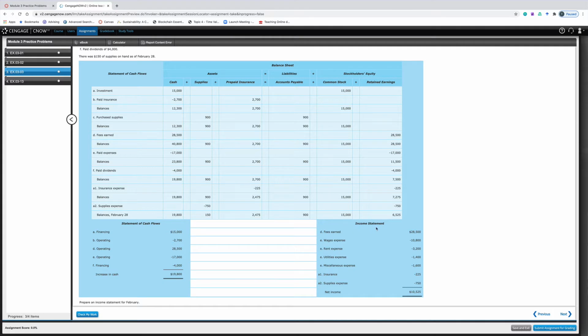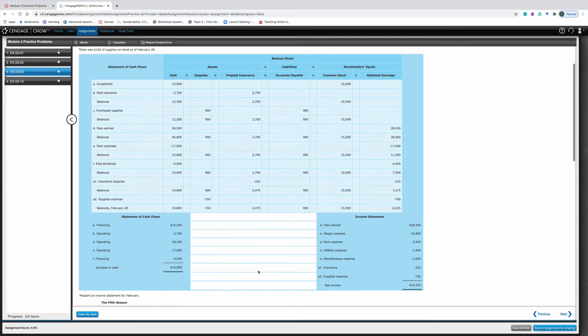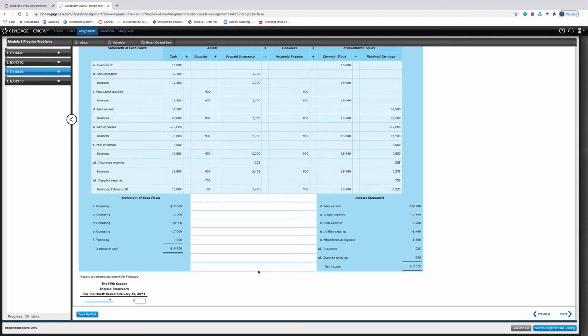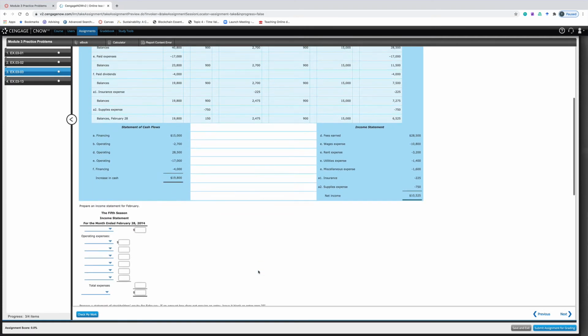All these items in the income statement are what show up in the income statement. All these items over here in the cash flow statement that you've been entering all along are what show up in the cash flow statement. And the only statement that isn't explicitly drawn out here in this little integrated framework is the statement of retained earnings. So let's go ahead and just construct our financial statements.